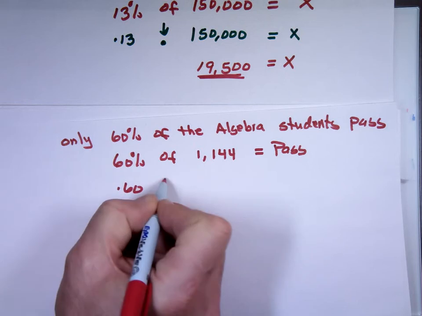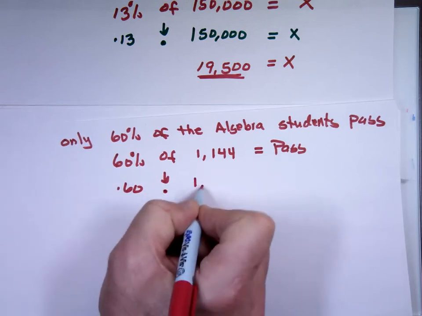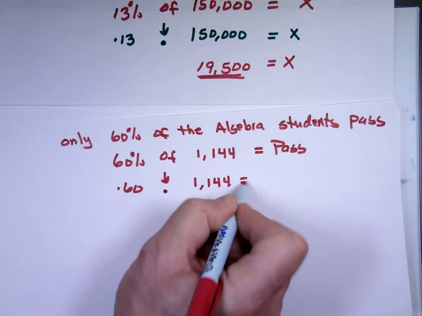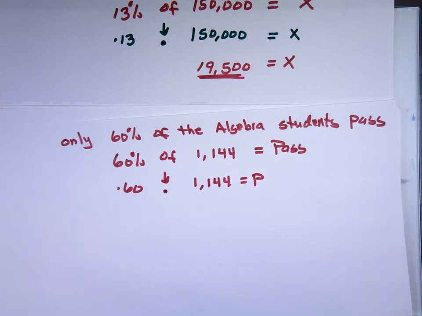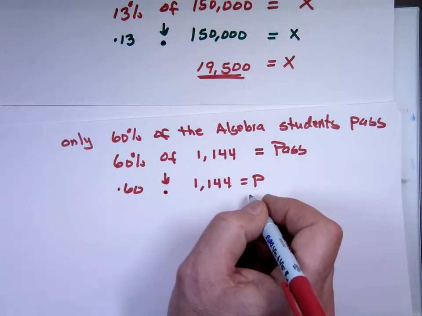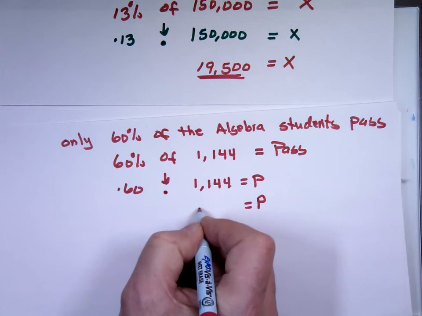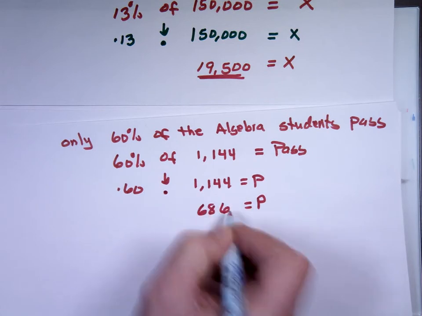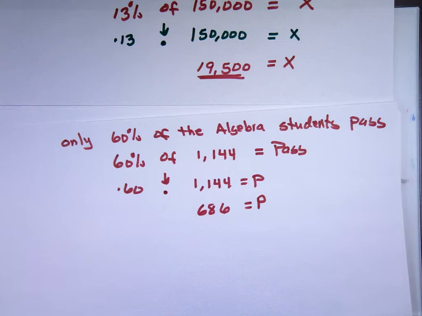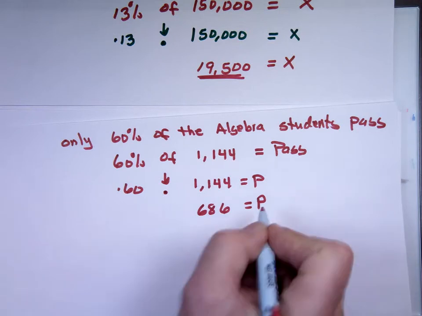0.60, of means multiply, 1,144. Round it to the nearest whole number. It says 686 people will pass the algebra class. That's how many people pass it.